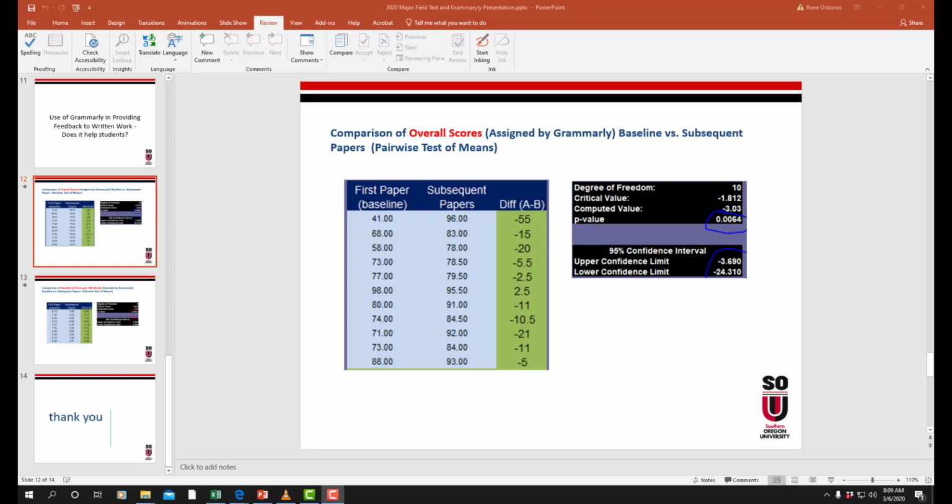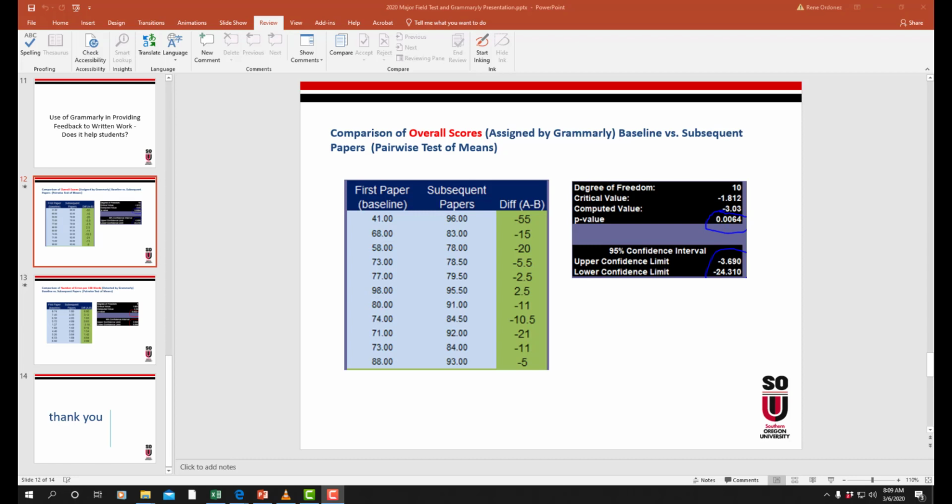We ran some statistical tests for the overall scores, baseline versus subsequent papers. You'll note in this column here in green, that's the difference between the baseline and the subsequent papers.